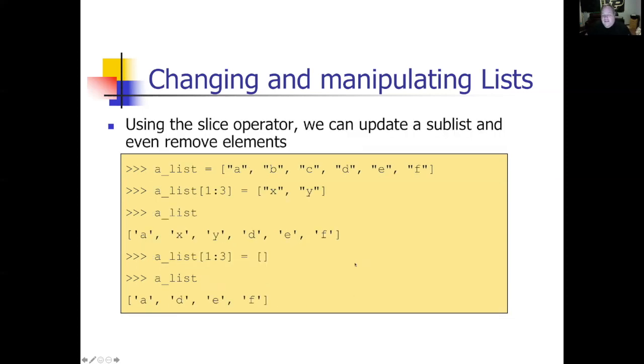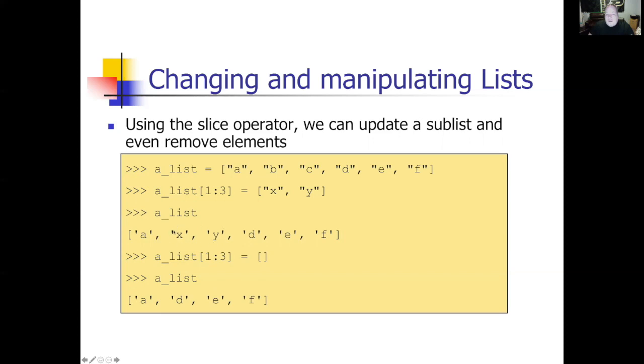Using a slice indicator, we can update a sublist or even remove elements from a list. So we didn't think about this. We thought about a slice operator as a way to retrieve data. But how about a slice operator as a way to modify the data? So if my list starts with A through F as individual characters, and I say A list 1:3, so from index 1 up to but not including index 3, it's indexes 1 and 2, equals XY.